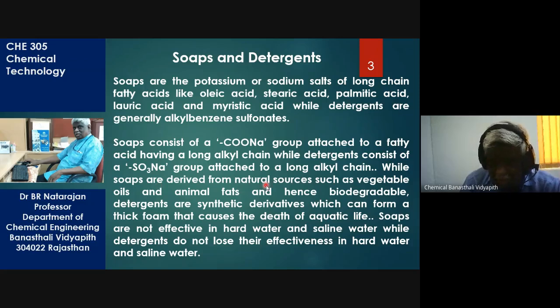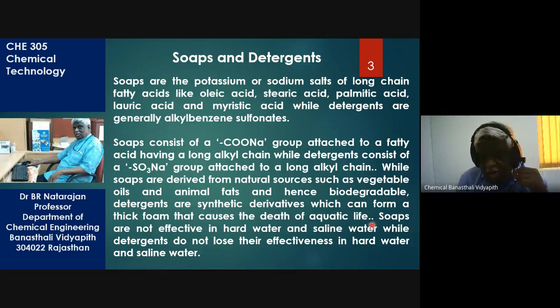While soaps are derived from natural sources such as vegetable oils and animal fats, and hence they are biodegradable, detergents are synthetic derivatives which can form a thick foam that causes the death of aquatic life. So detergents not only clean your dirty clothes, but they can also kill the fish, etc.